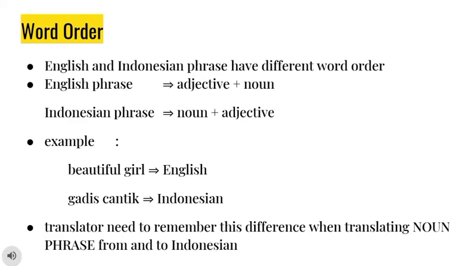In an Indonesian phrase, it consists of noun and adjective. For example, in English you say beautiful girl. In Indonesian, you say gadis cantik. The translator needs to remember this difference when they are translating noun phrases from and to Indonesian.